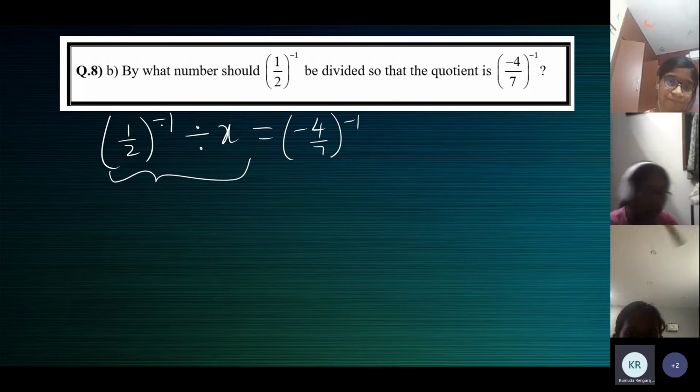You cannot transpose (1/2)^-1, because x is in division here.